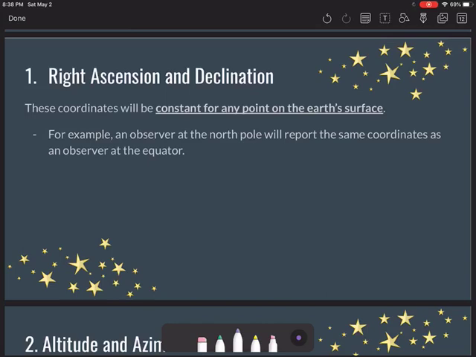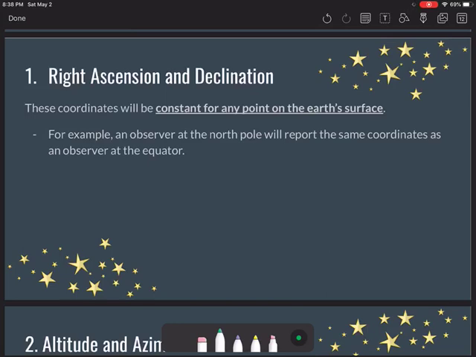So, the right ascension and declination. The advantage of using this model is that if you are an observer standing at any point on Earth's surface, the coordinates provided using the right ascension and declination model will be constant.